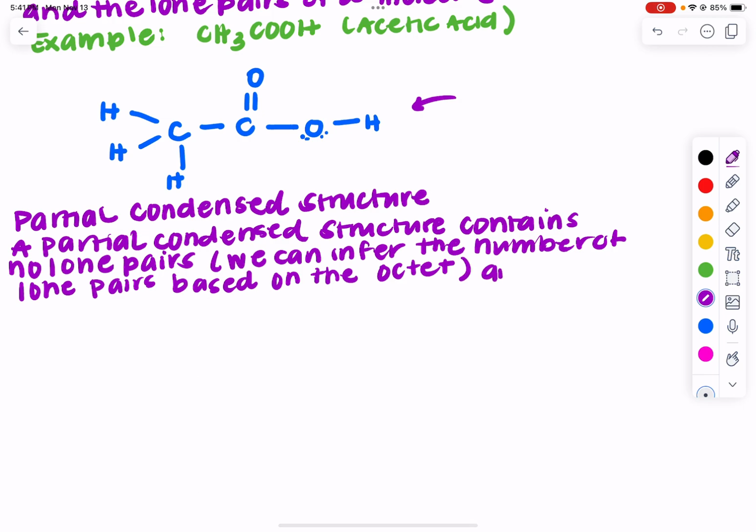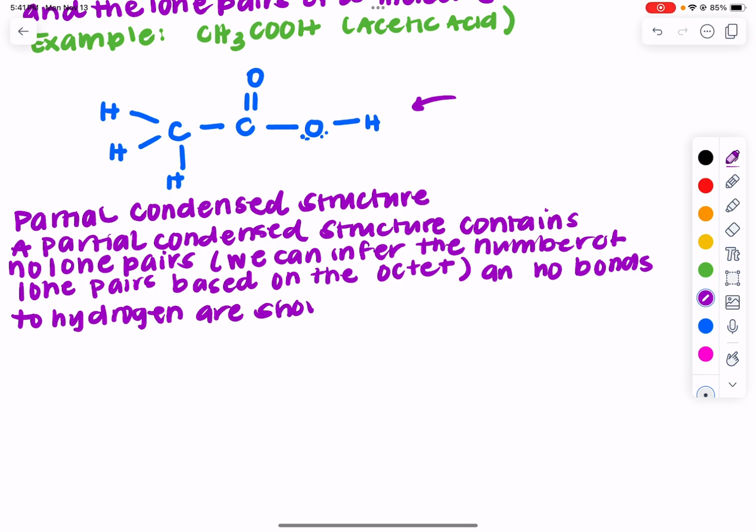We can just use octet to help us. And no bonds to hydrogens are shown. So again, hydrogen's kind of that we don't really care about you because we know that you're just there. Not only are the bonds not shown, the hydrogens are just placed next to the atom that they're attached to.